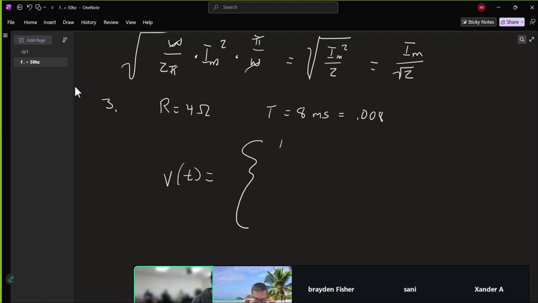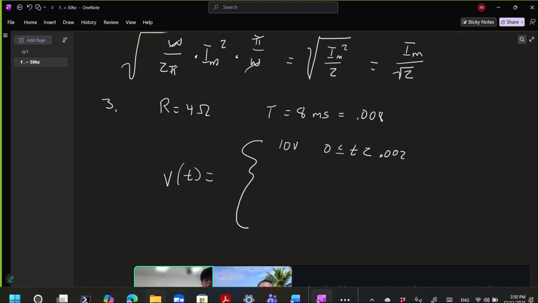So it's 10 volts from 0 less than or equal to t less than 0.002. Oh, by the way, let me just show you all this as well.